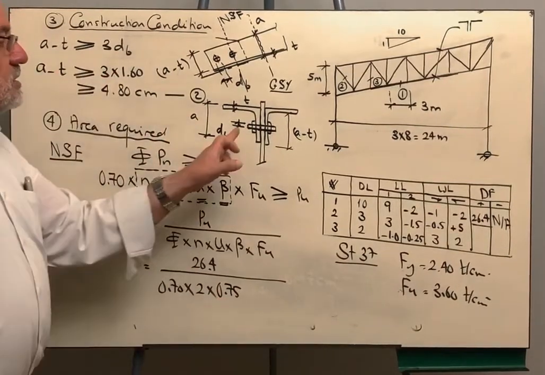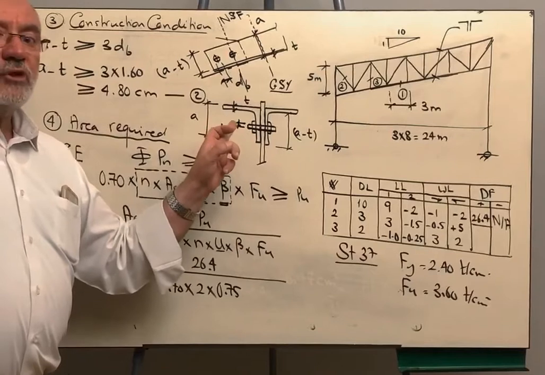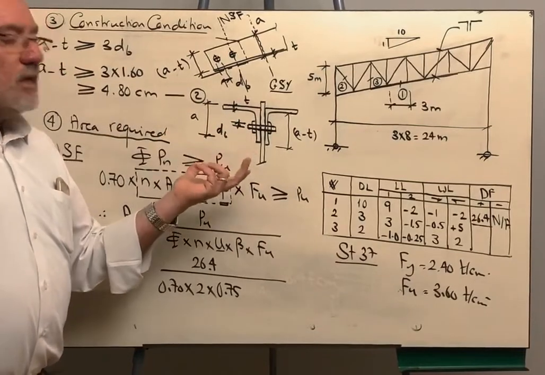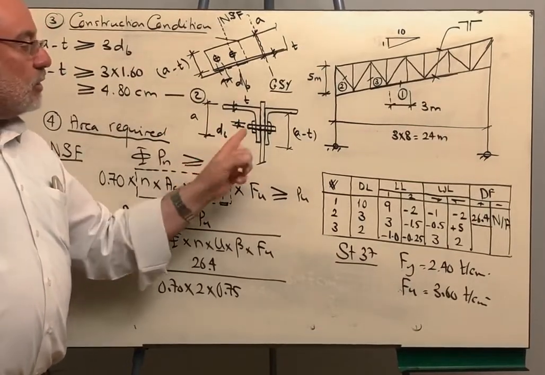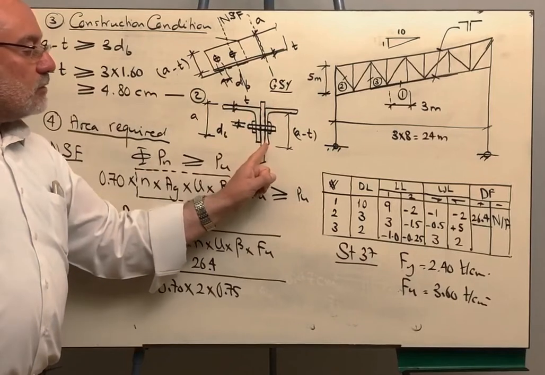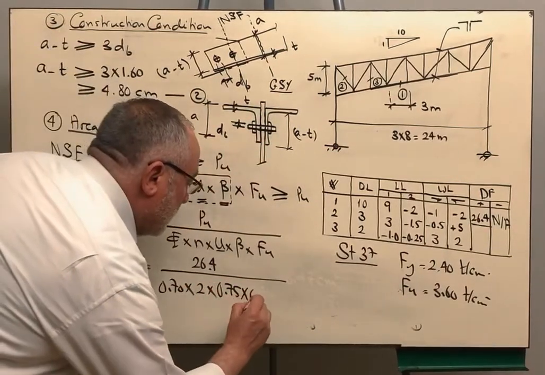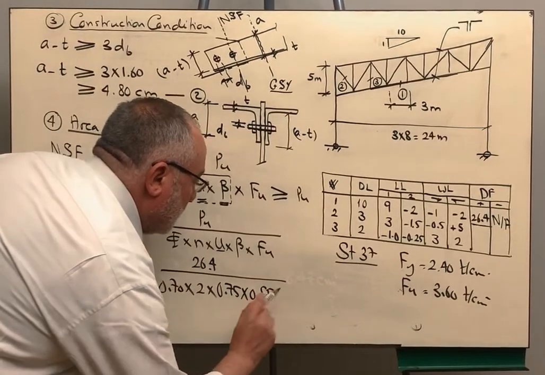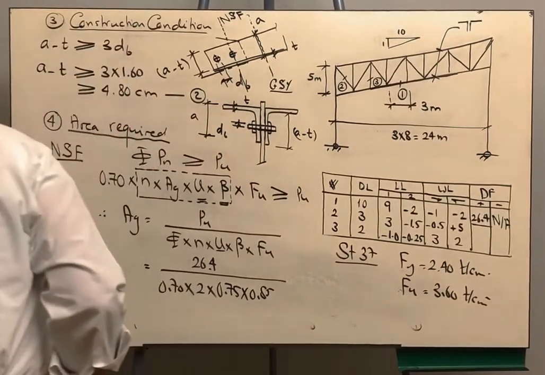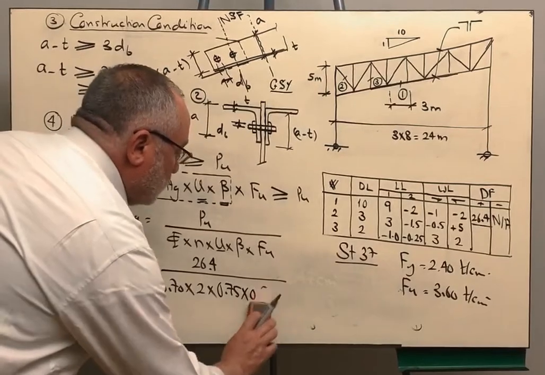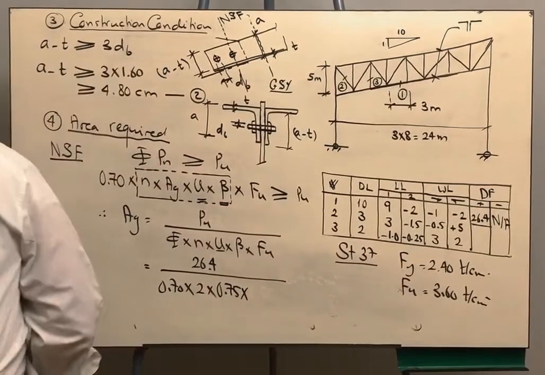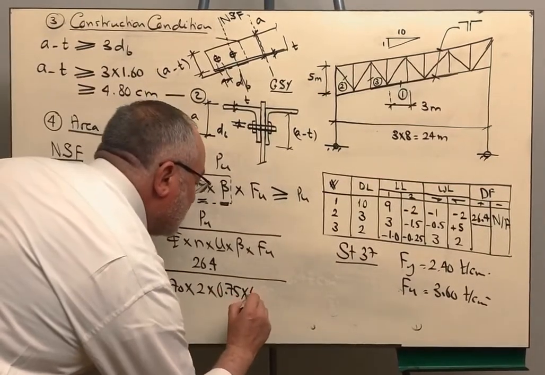And beta, since the member is bolted, we have to take the net area, but we cannot calculate the net area now because I don't know the area and I don't know the thickness of the angle yet. So I'm going to assume that beta is 0.85. That is an approximation because we don't know exactly how much is the net area compared to the gross area.